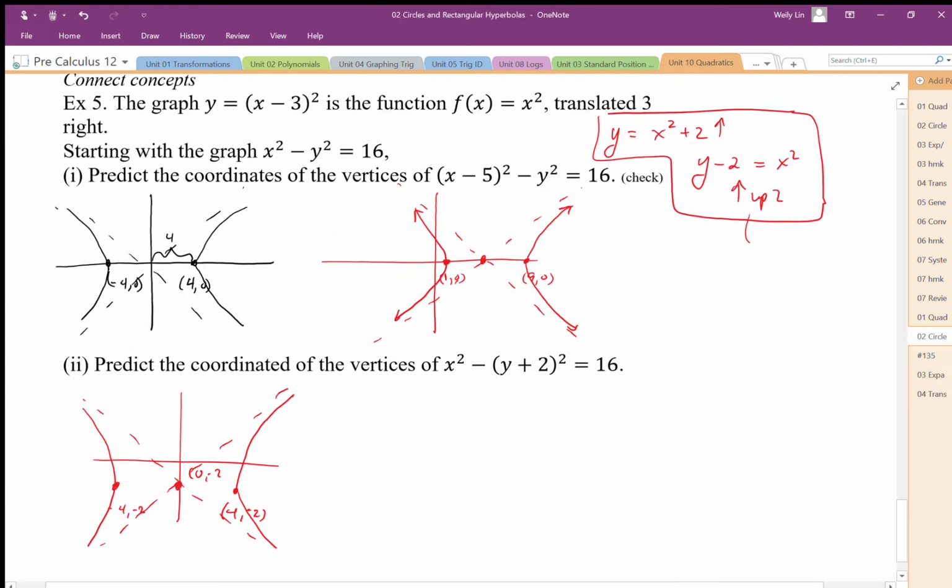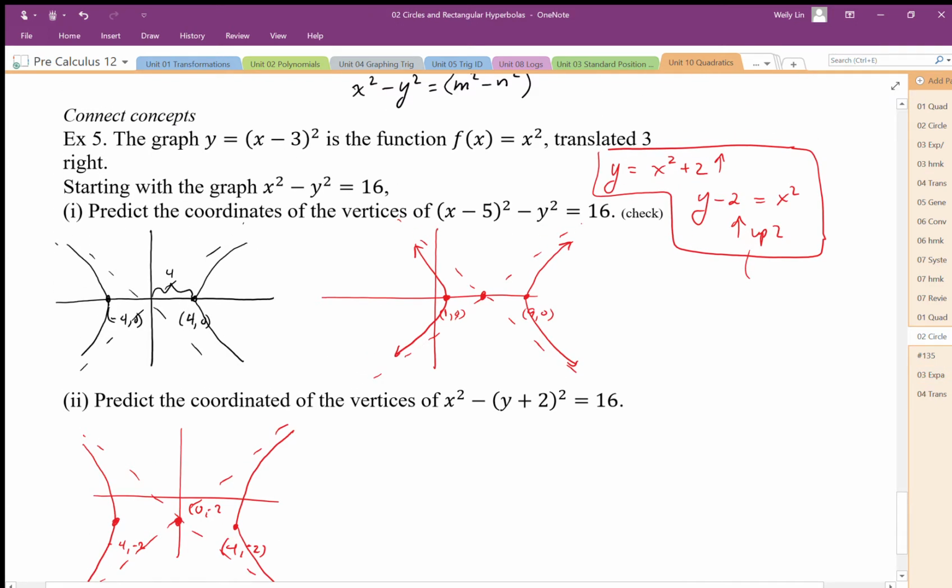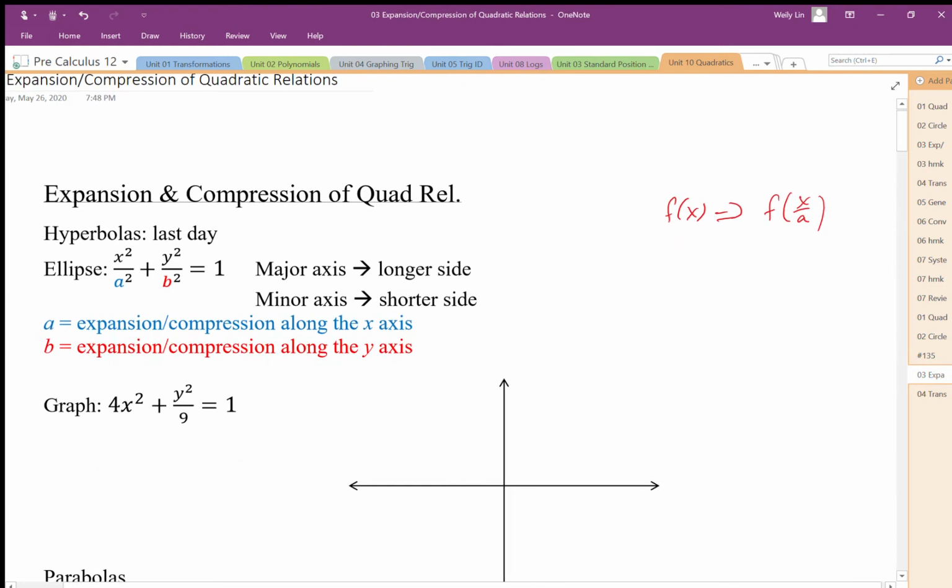This is taking the x squared expression, and we're substituting in x over a squared, and we get the x squared over a squared in that way. Okay, so this is how the expansion compression along the x is going to show up.